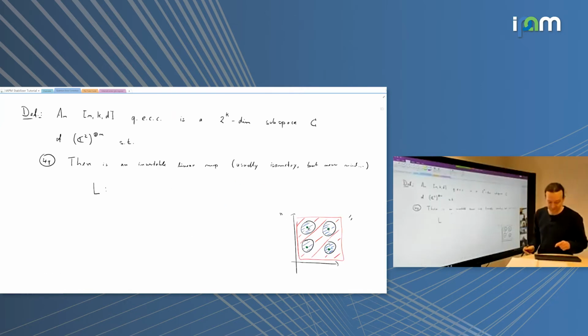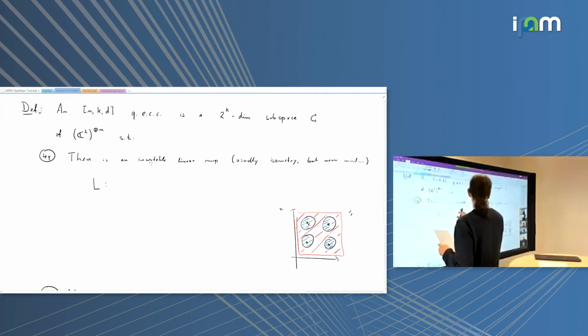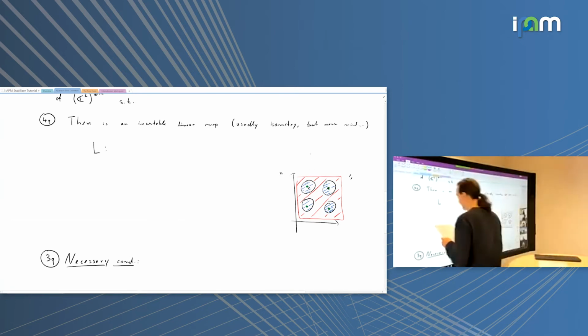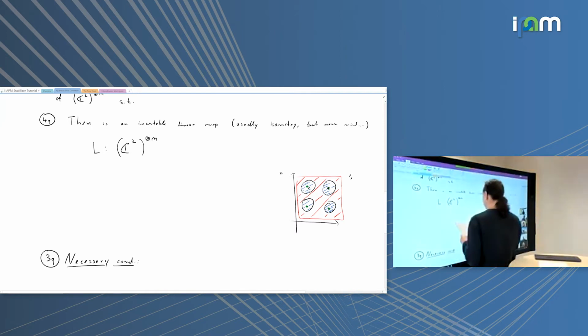All right, okay. So what I want to do is again have the same kind of coordinates on my tensor product space. So I want to have a linear map L that takes the space where the encoded message lives, and it expresses it as the code space, as before in the classical case.